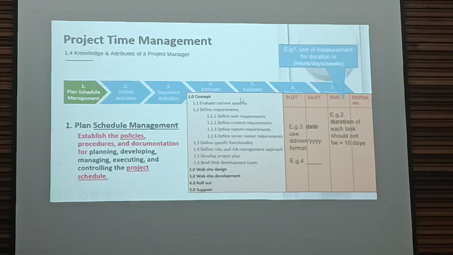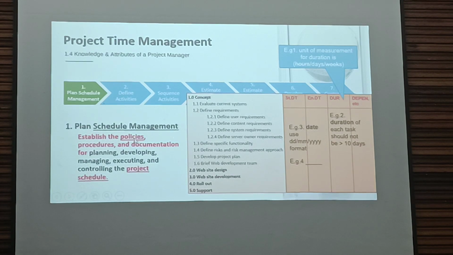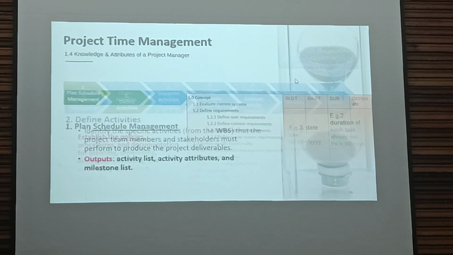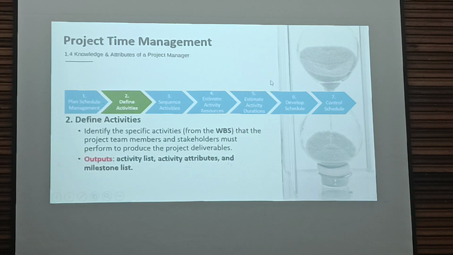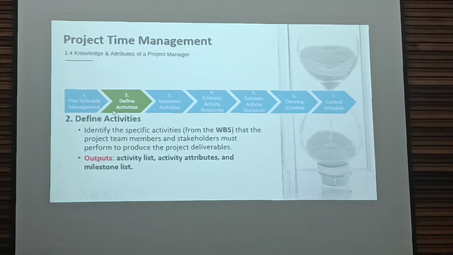Okay, so back to here. Project time management: the first thing to do is plan schedule management, so establish policy, procedure, and documentation for planning, developing, and so on, the project schedule. Next is define activities.